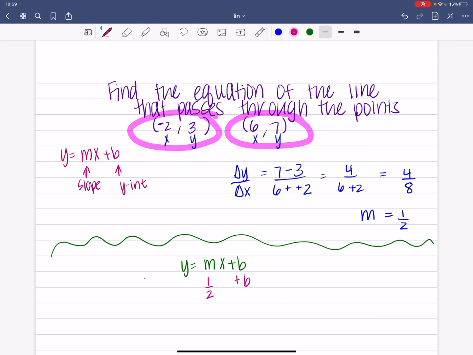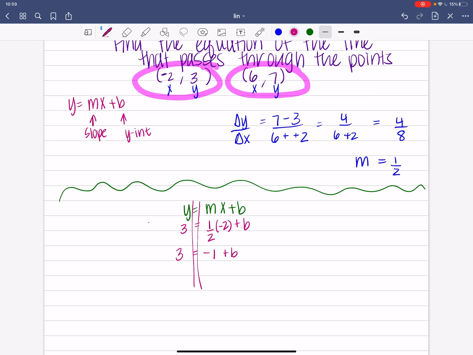Okay, so instead of x, I now know that I can say that x is negative 2. That's one of the x values that these points went through. And instead of y, I can put a 3. Now I'm solving this like any old equation. So 1/2 times negative 2 is negative 1. Still have plus b, and then that's still equal to 3.